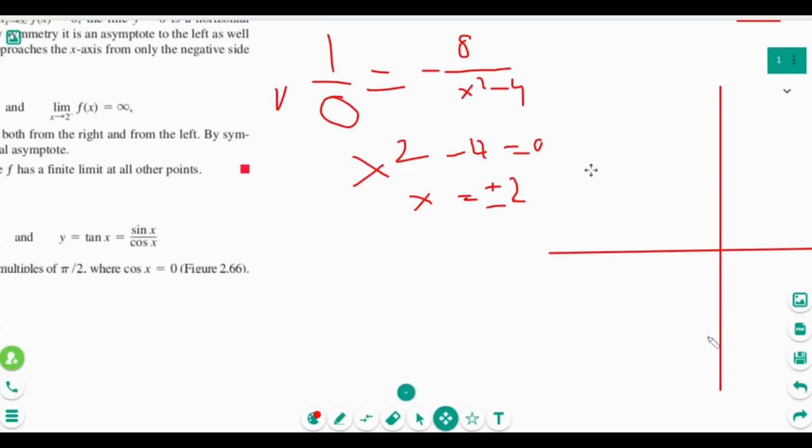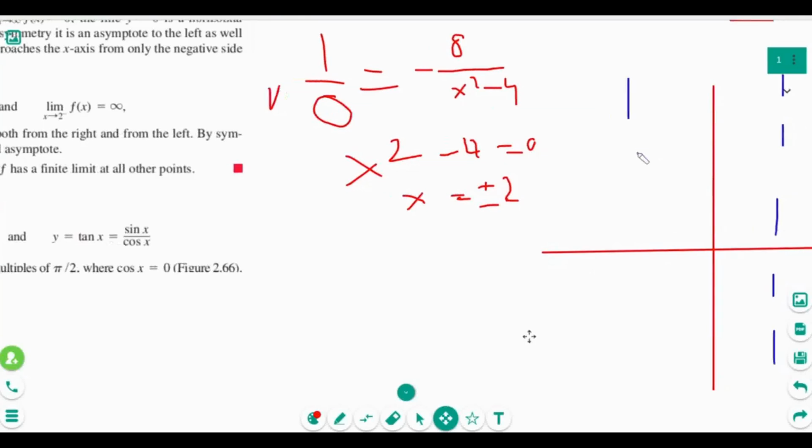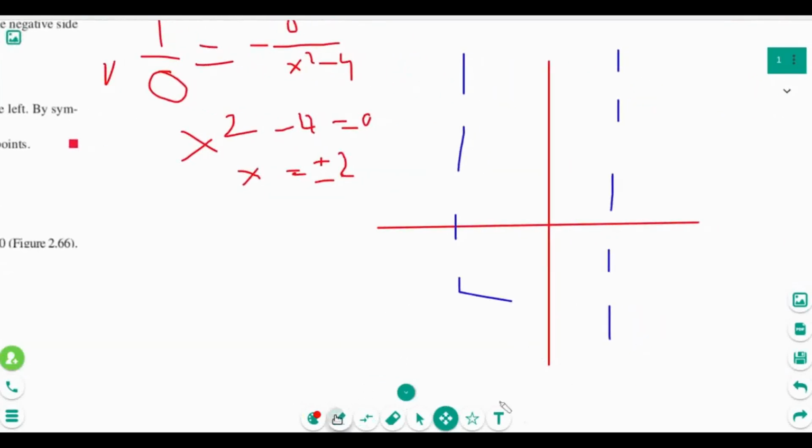Yeah, I'm clear, but I have one question. No, wait. Okay, so now we have a horizontal limit at 0, but we don't need to draw it, this is the axis. Now we have 2 and minus 2.